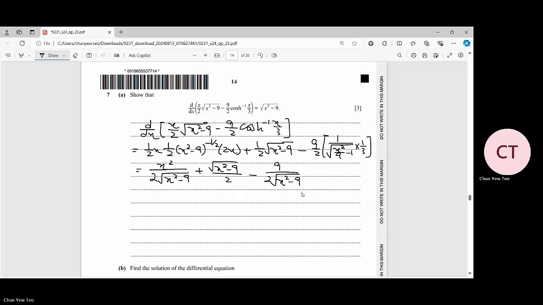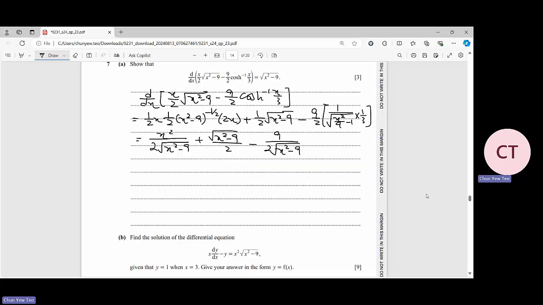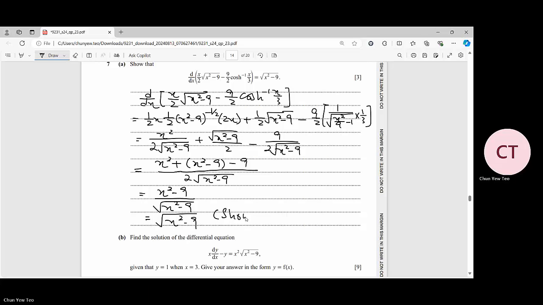Like this. Okay. Then we just need to make sure the denominator all same, and then join together. So at the end, you get this one as the x squared minus 9 over the square root of x squared minus 9. Therefore, you get this shown. That is the answer for the number 7A.